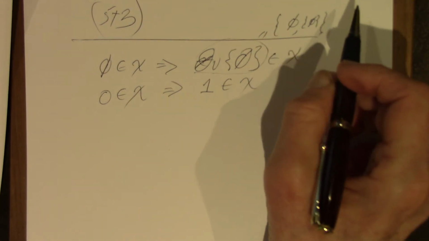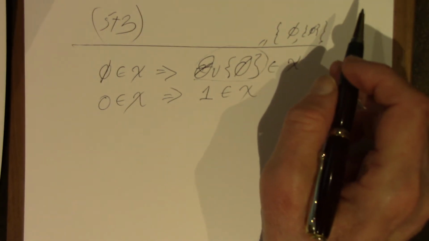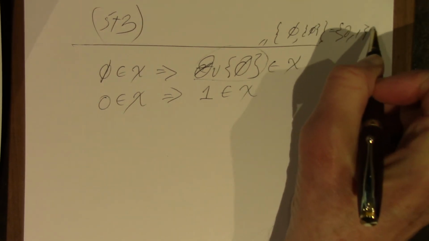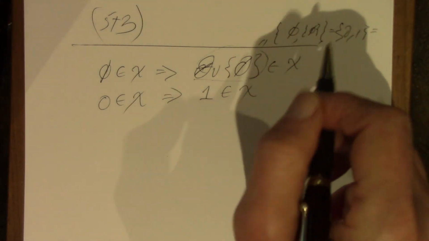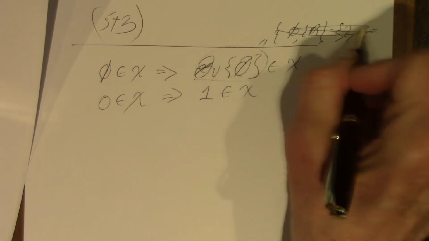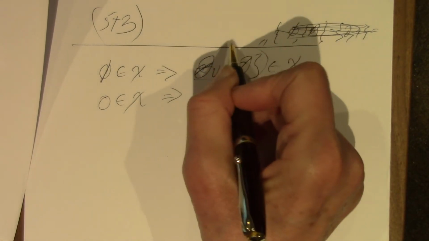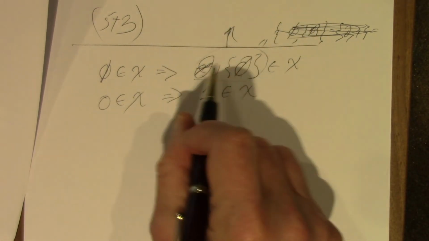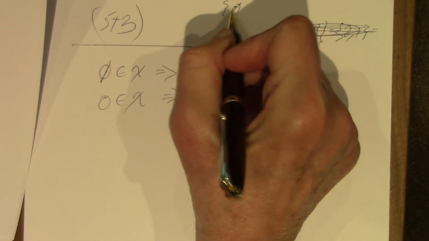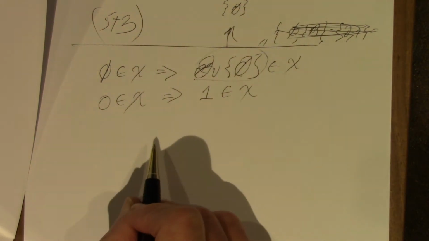And so this is 0, 1. I'm sorry, went too far. This empty set union, I jumped a natural number. Empty set union the set containing the empty set is just the set containing the empty set.